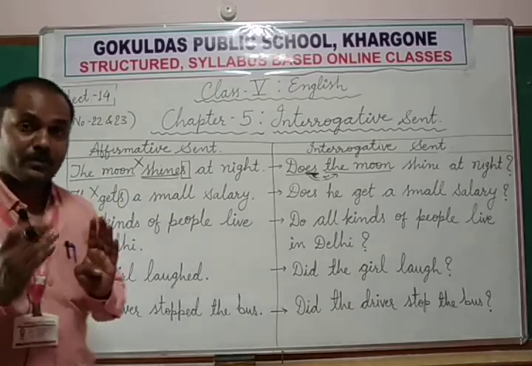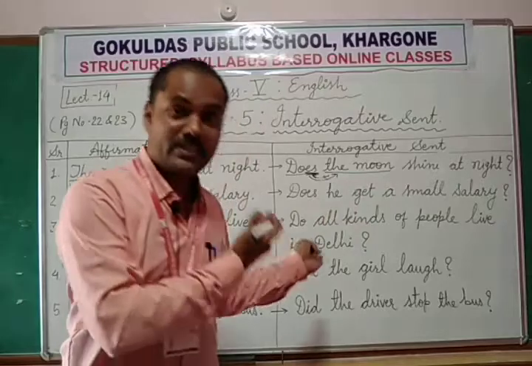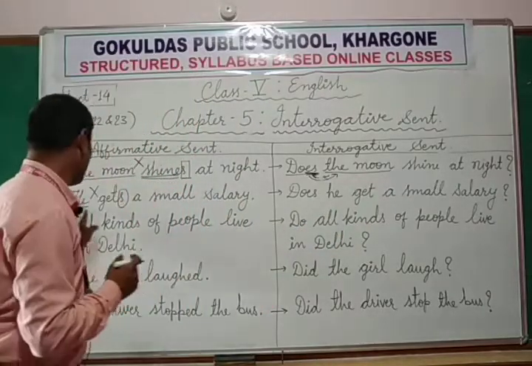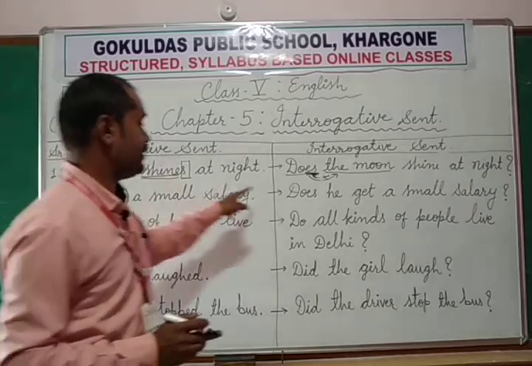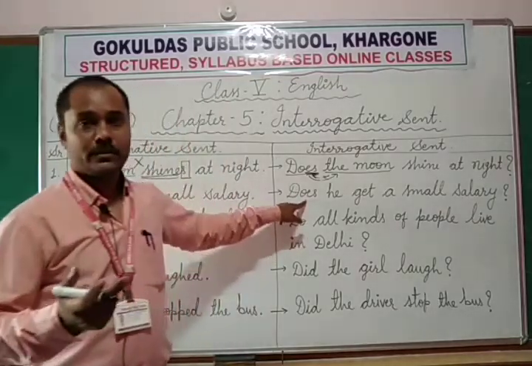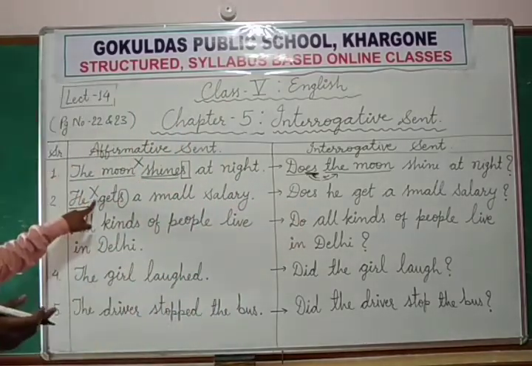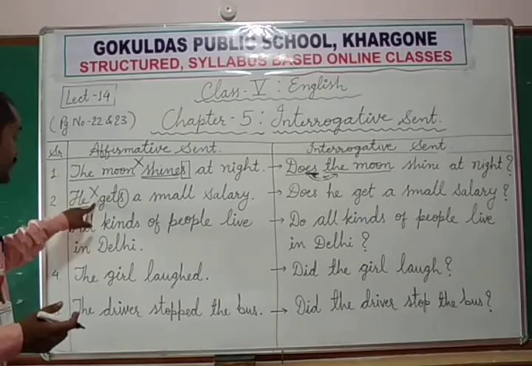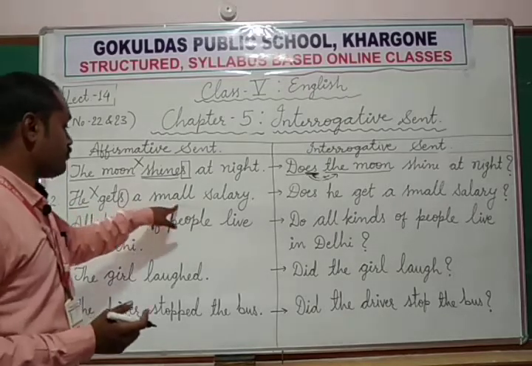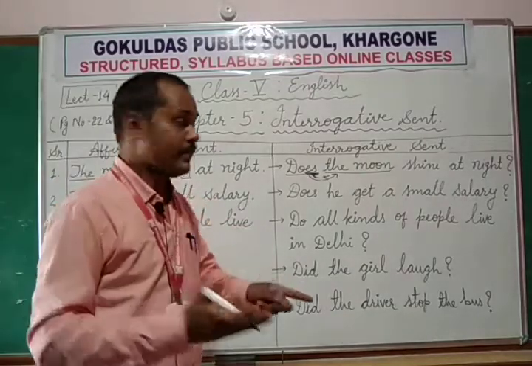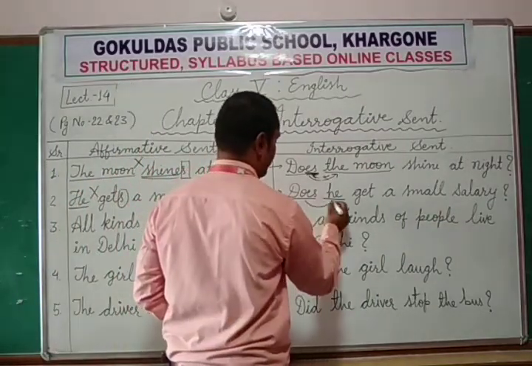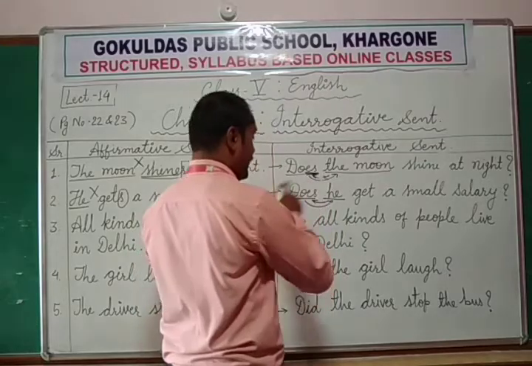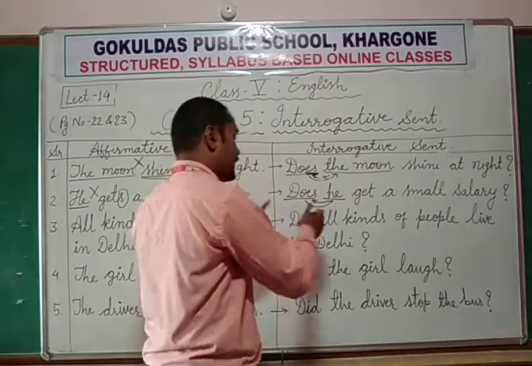At that time we need to recall that it is present simple tense, and in present simple tense when the subject is singular, we suppose that on the second position we have does. He does get a small salary. We assume that. Now exchange. Does he? He does becomes does he get.